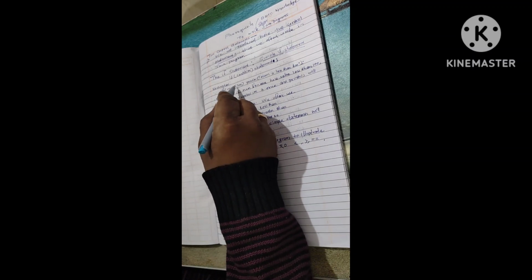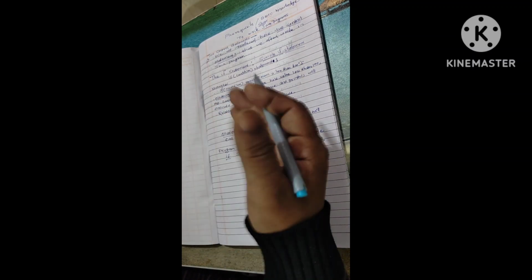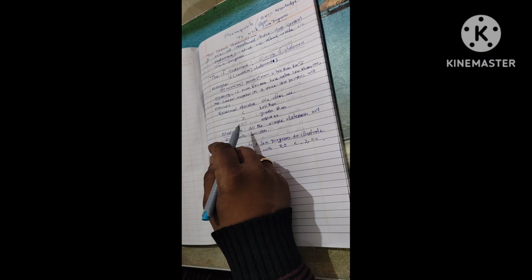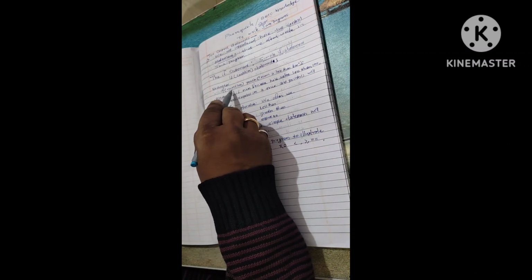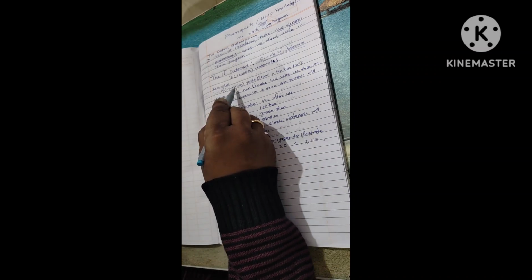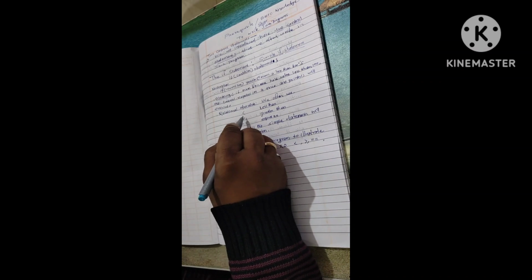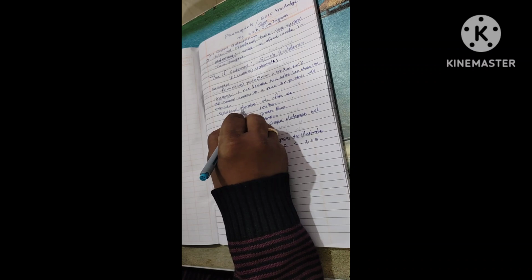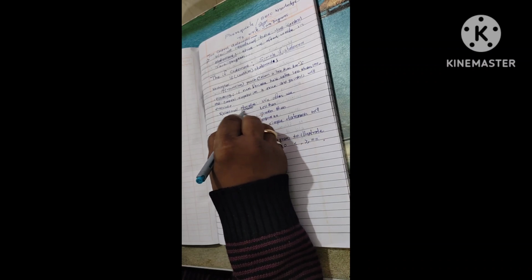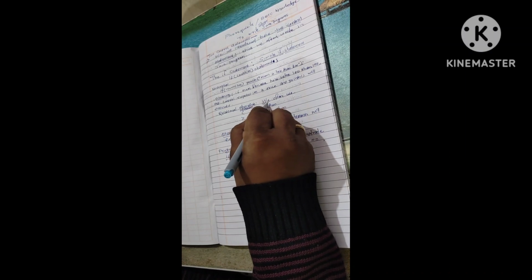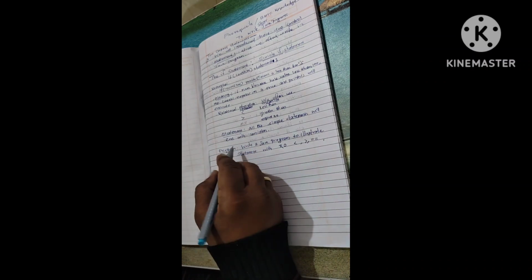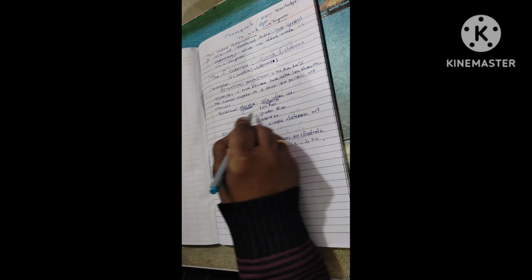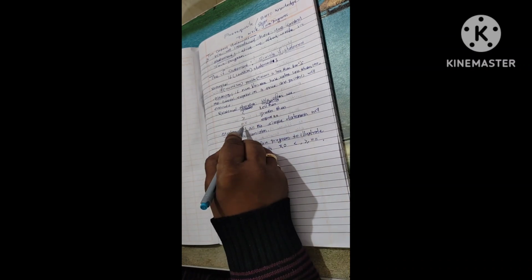Here you will see relational operators in a condition, here less than. These are the relational operators and we must also see their meaning: less than, greater than, equal to.